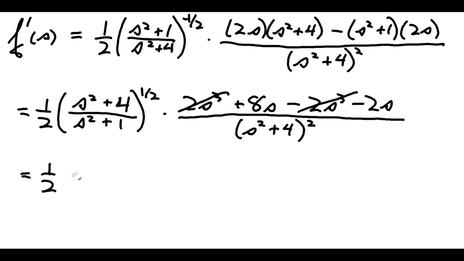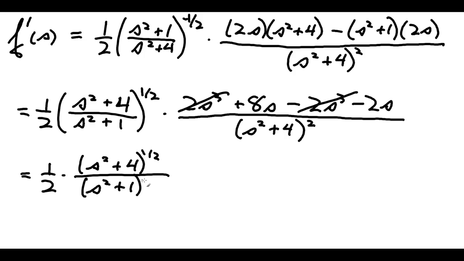So let's see here. We have 1/2 times this fraction here. Now looking at this, we have an s squared plus 4 squared and an s squared plus 4 that's in this 1/2 power. Let's take this 1/2 power and apply that to the individual pieces, right? We have a fraction to a power. We can apply that power to the numerator and denominator individually.